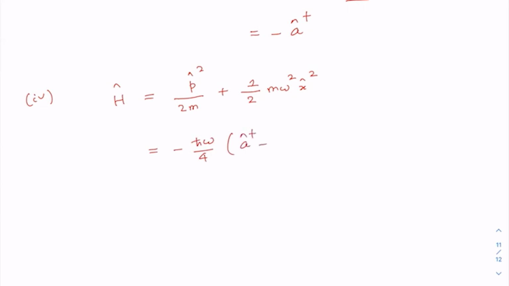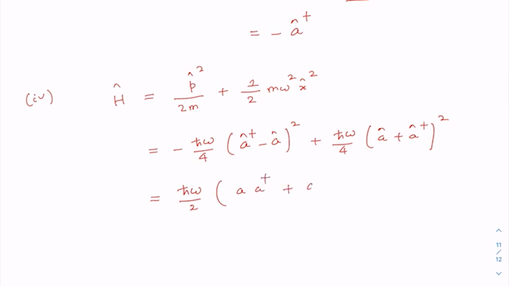You'll have (A dagger minus A) whole square plus h cross omega by 4 (A plus A dagger) whole square. So if you do the maths, you will get h cross omega by 2 (A A dagger plus A dagger A).